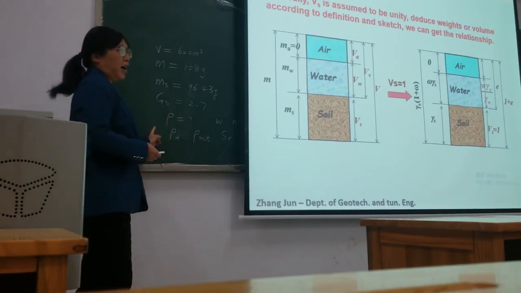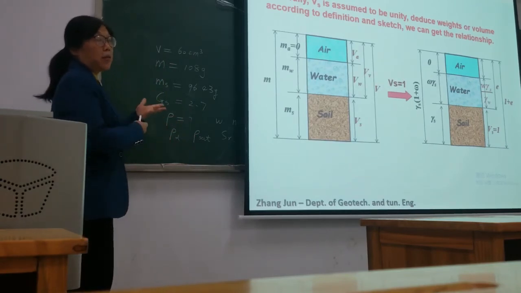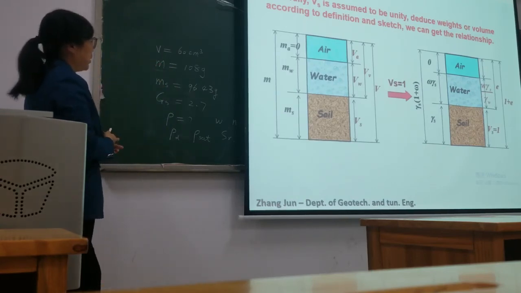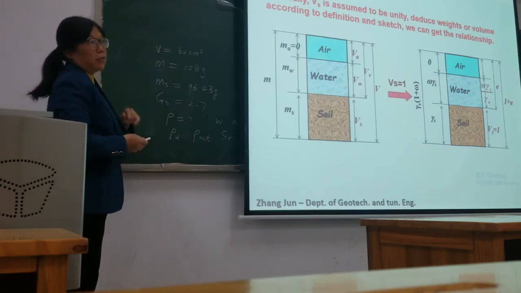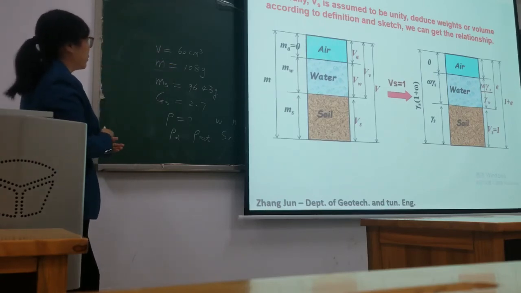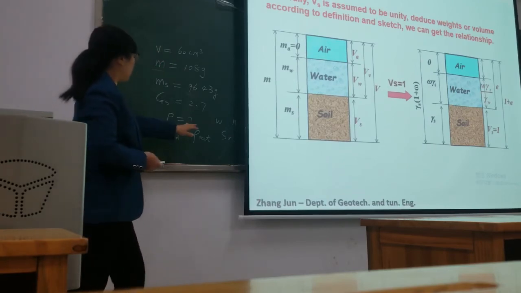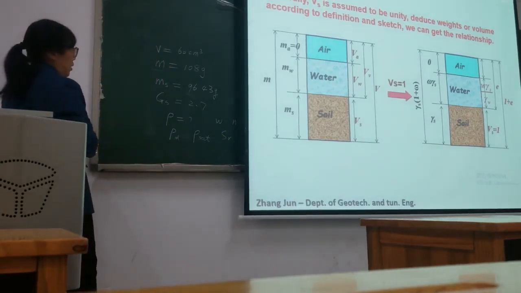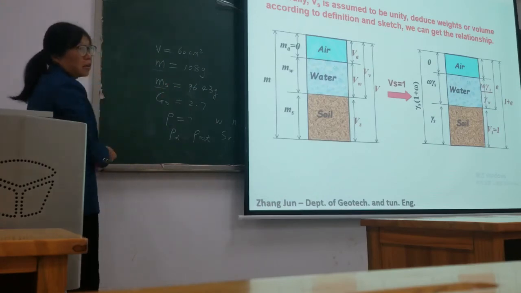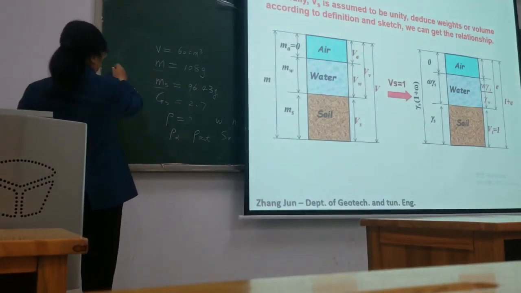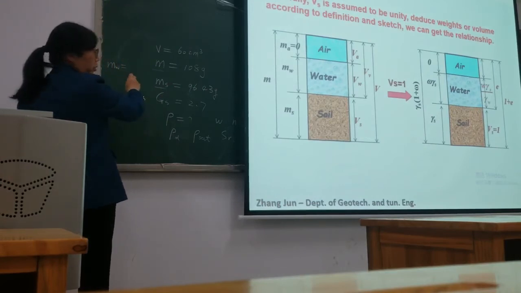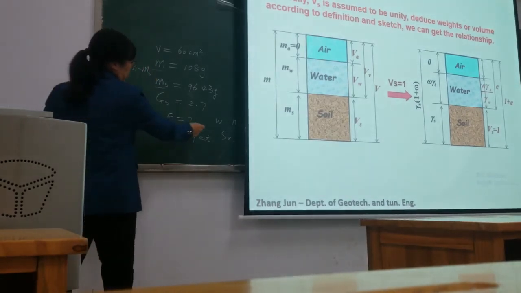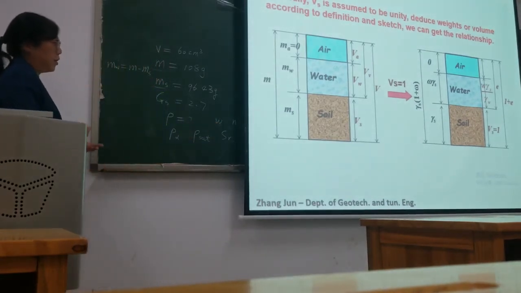Maybe the wet density is simple. Use the mass of the specimen divided by the volume of the specimen. Okay. And the water content, use the mass of the Mw and Ms, W equals (m minus Ms) over Ms. Okay, so the water content can be obtained.